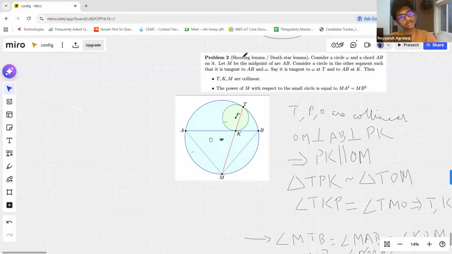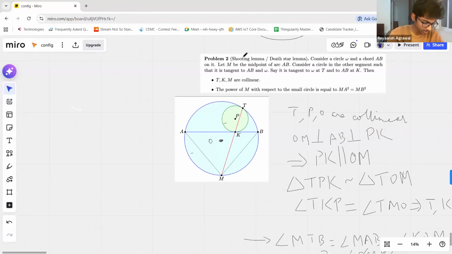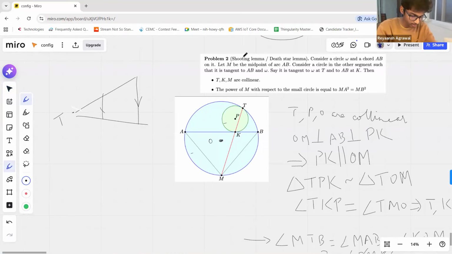Did you understand that? The idea is, if I take a homothety through T and I have a line here, then the new line will be parallel to the old line.